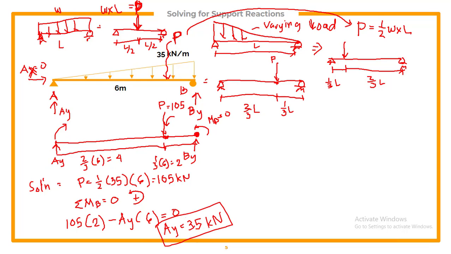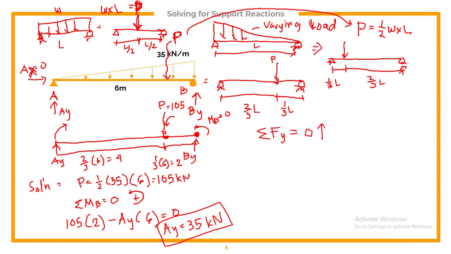Okay, since we already have the value of Ay, let's now proceed to compute the value of By. We could use the moment again with our reference point at A to get By, but there is another way, which is the summation of forces along Y. It must be equal to 0.